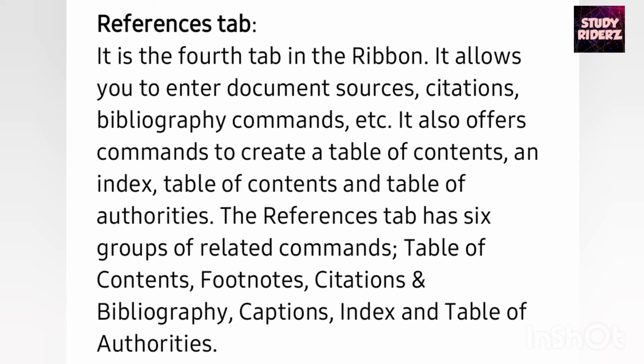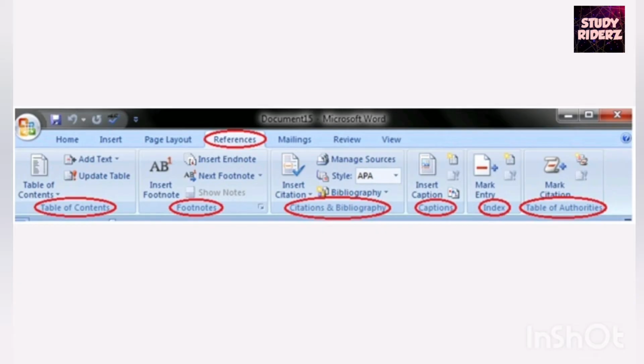So the commands are table of contents, footnotes, citations, bibliography, caption, index and table of authorities. I will show you the image. So this is the reference tab image and its 6 menus.